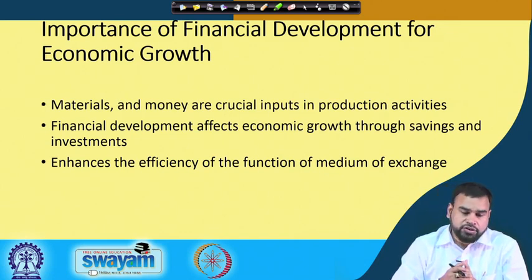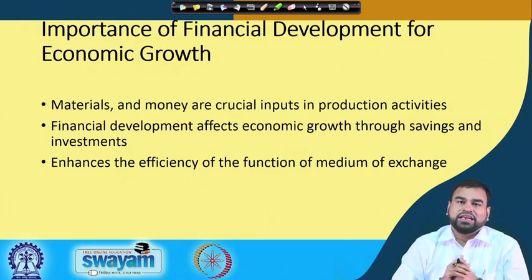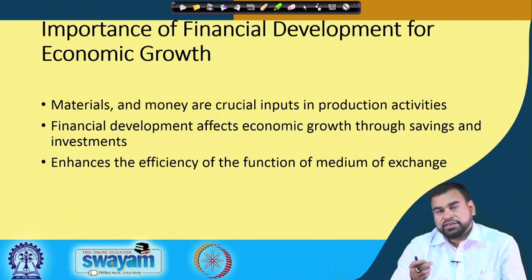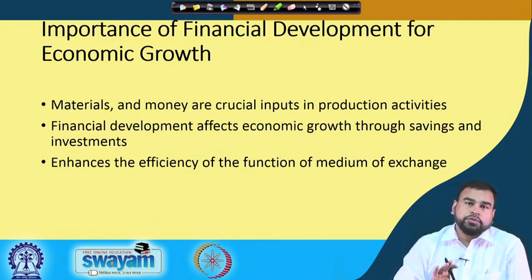And the financial system also enhances the efficiency of the function of the medium of exchange. How fast your money can be transacted: nowadays we are using credit cards, debit cards, online banking, and all kinds of things, which increase the efficiency of the medium of exchange.